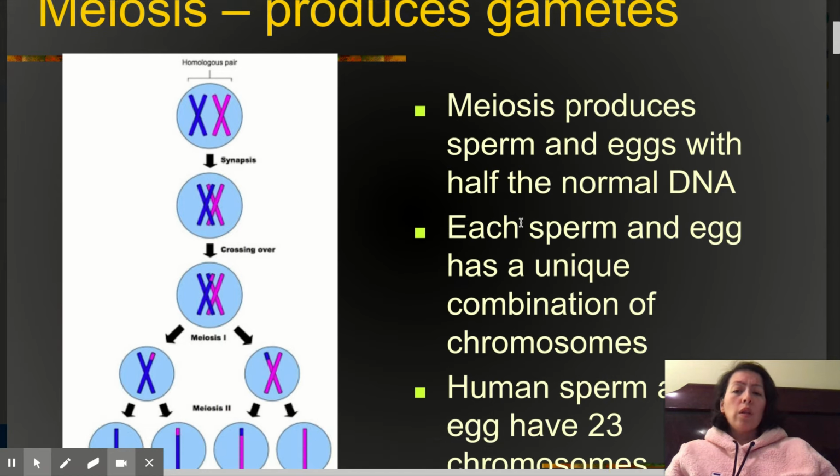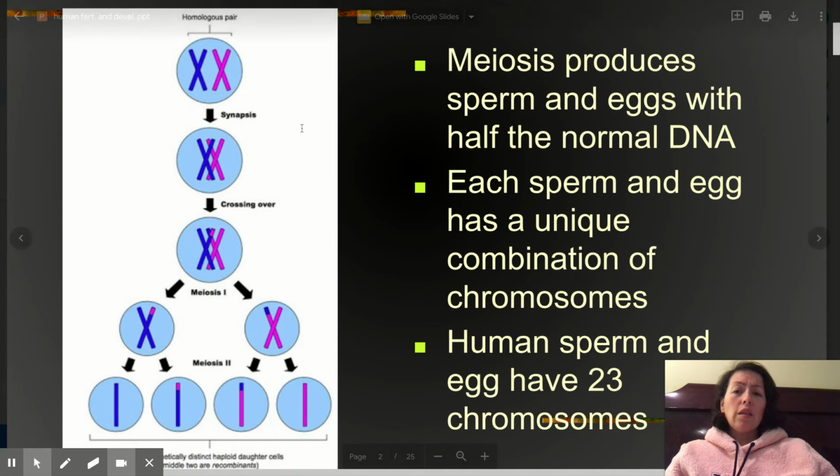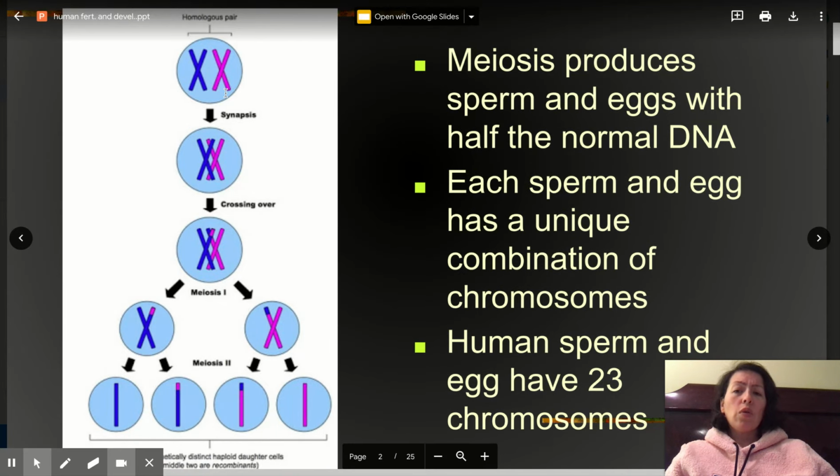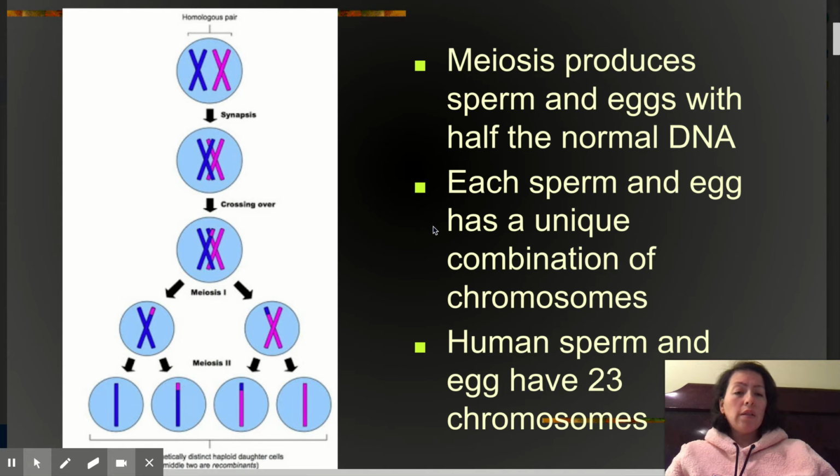And what it does to the chromosome number is it cuts it in half. So here you see that there are single chromosomes when you start with two double chromosomes up here. If you're talking about human sperm and egg, we have 46 chromosomes in all our body cells. And so you would end up with 23 chromosomes in a sperm or an egg cell. And that's really important for the next step.